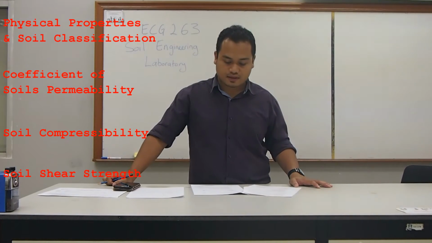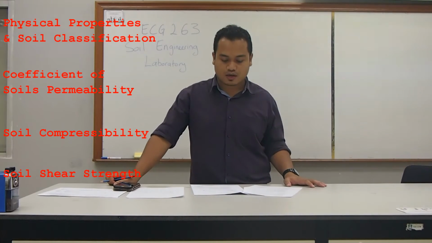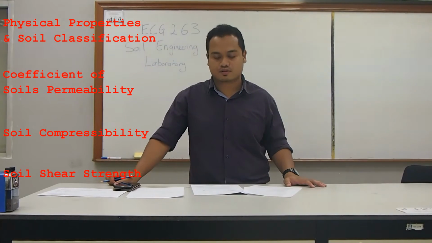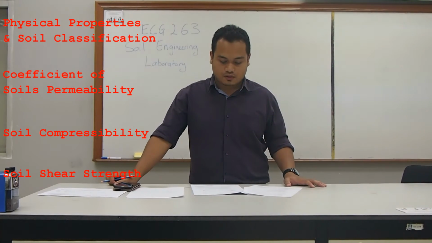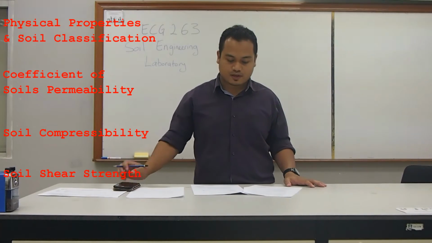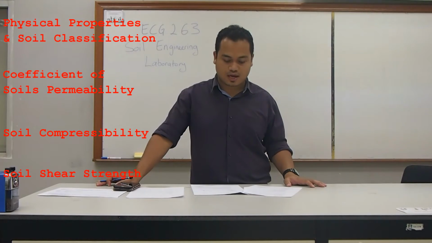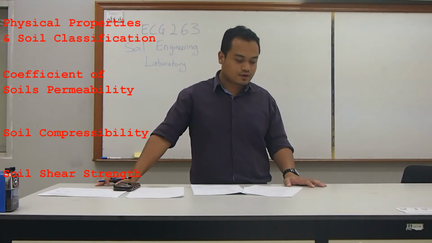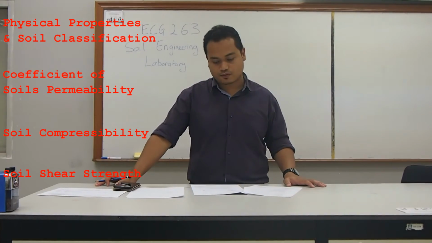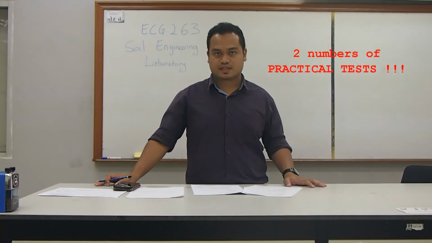And further than that, I will show you how we conduct the triaxial test to determine other soil shear strength parameters, which are c and phi. In the triaxial test, we will classify into two types: consolidated undrained, or unconsolidated undrained. All these four topics that I mentioned will be covered within 14 weeks, including two practical tests.